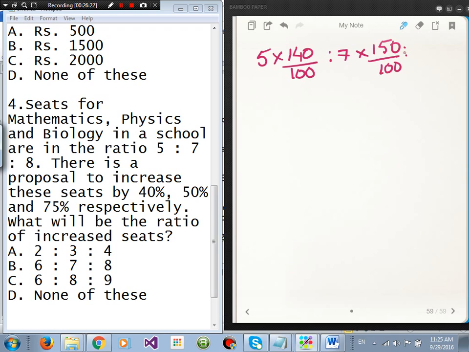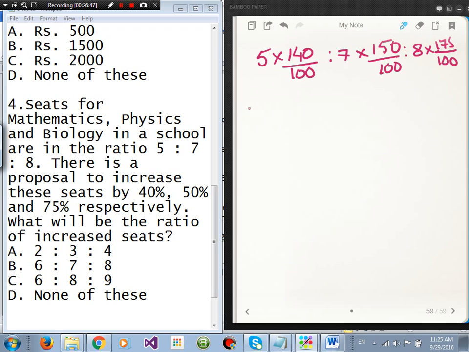Next one is simply 8 into 175 by 100. If you divide all terms of the ratio with some constant, the value doesn't change. And if you multiply all the terms of the ratio with some constant, then also the ratio value doesn't change.